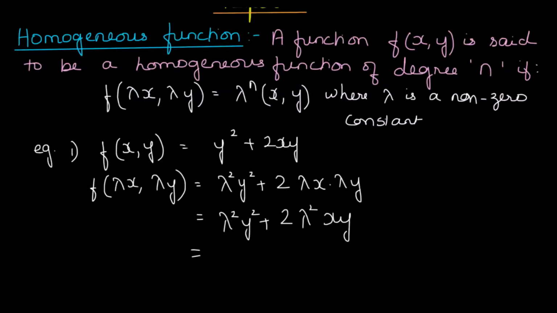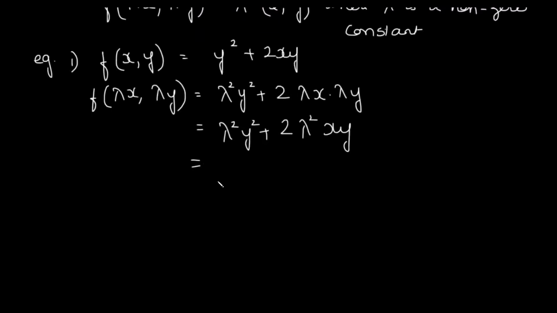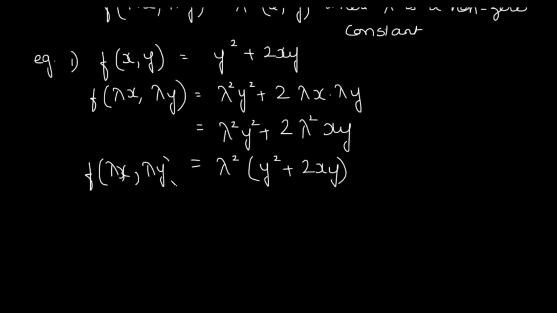And this would become then, λ square can be taken common. We have y square plus 2xy. So thus we have f of λx, λy is equal to λ square times (y square plus 2xy), which is nothing but λ square into f of xy.